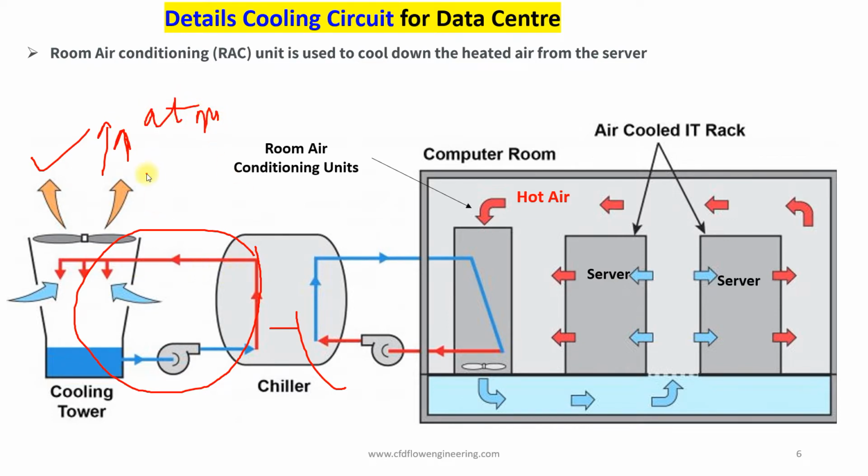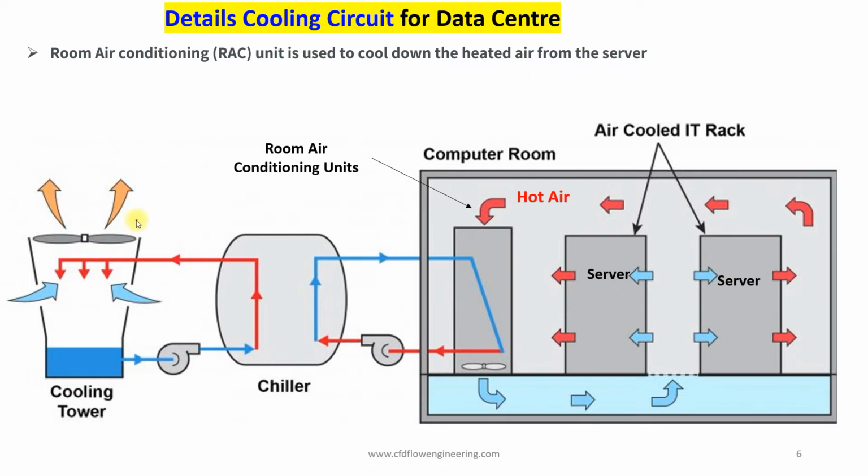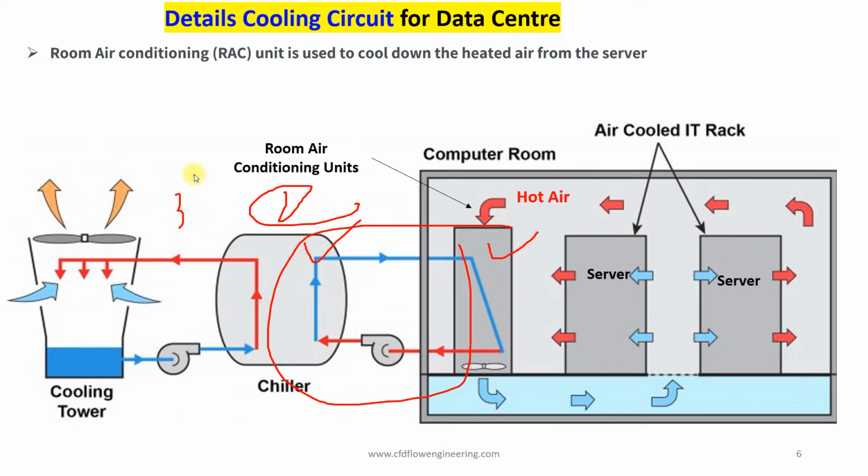That means there are three fluids used. There are three cooling circuits. One is the air circulation circuit in the computer room, the other is in between the chiller and CRAC unit, and the third is between the cooling tower and chiller.